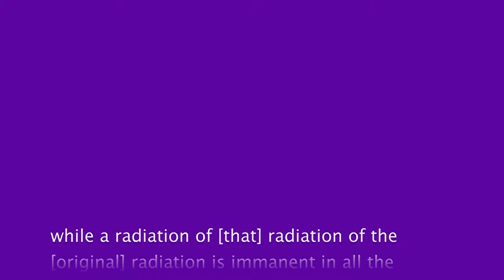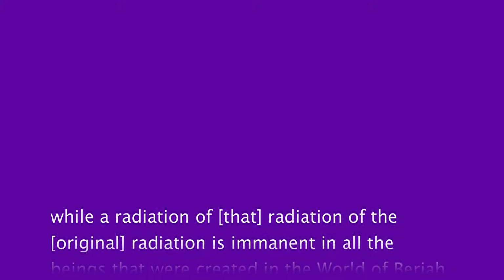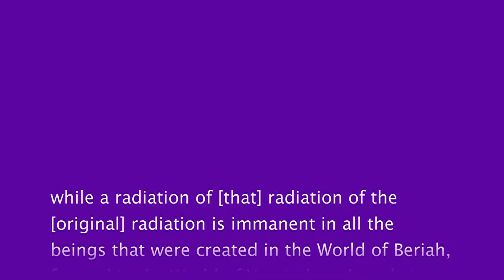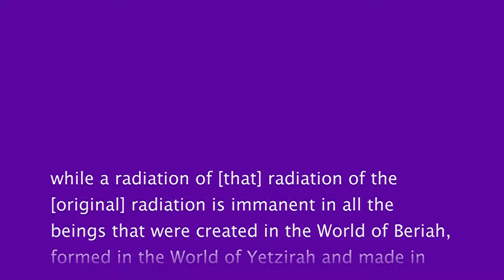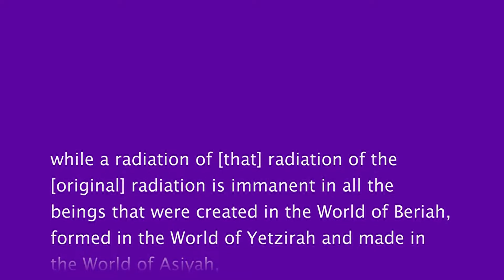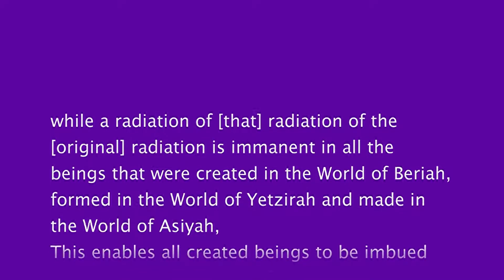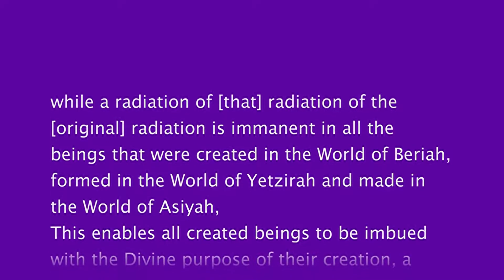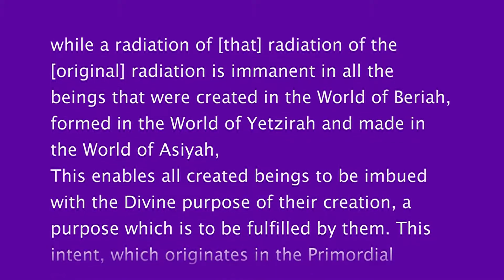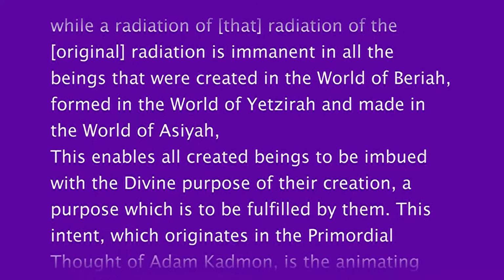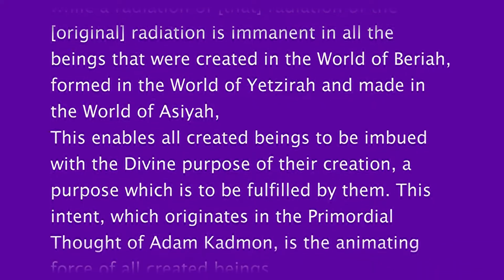And then even further, as he's going to say, a radiation of that radiation, of the original radiation, is immanent in all the beings that were created in the world of Beriah, formed in the world of Yetzirah, and made in the world of Asiyah. This enables all created beings to be imbued with the diverse purpose of their creation, a purpose which is to be fulfilled by them.